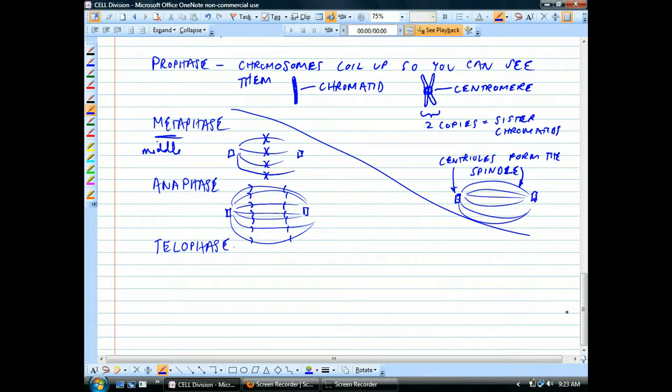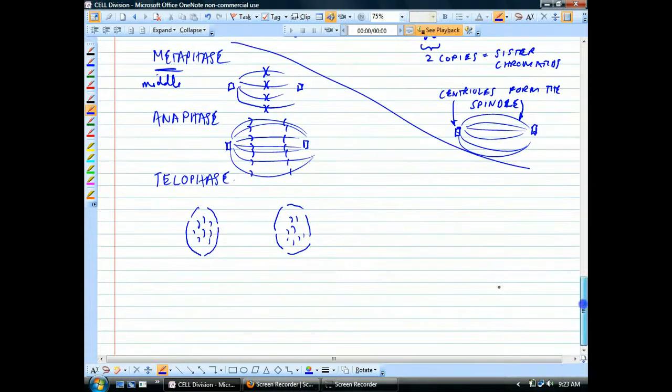Okay, now in telophase, we've got the separate copies on each side. The spindle goes away and new nuclear membrane starts to form. New nuclei form.